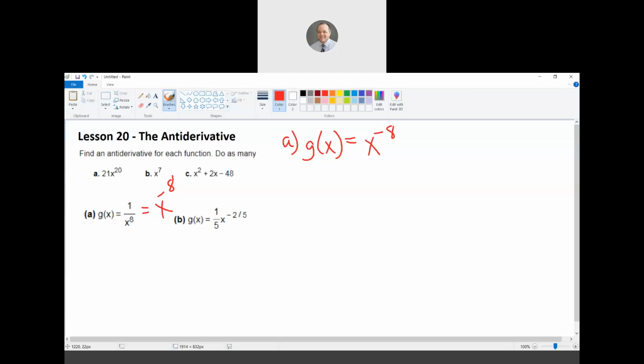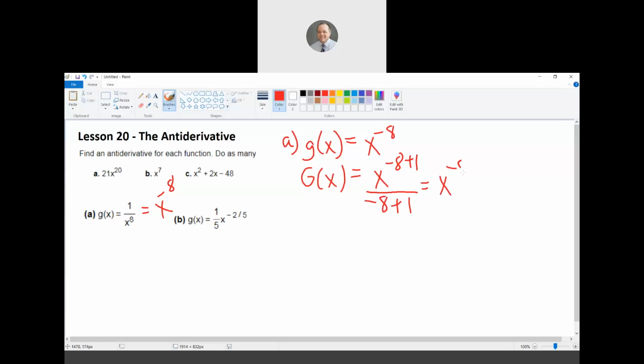Now, using the antiderivative rule, instead of subtracting 1 from your original exponent, you add 1 to it. So that would be negative 8 plus 1. Instead of moving the negative 8 to the front and multiplying it by 1, you do the opposite of multiplication, which is division. So we'll divide our entire antiderivative by negative 8 plus 1, our new exponent.